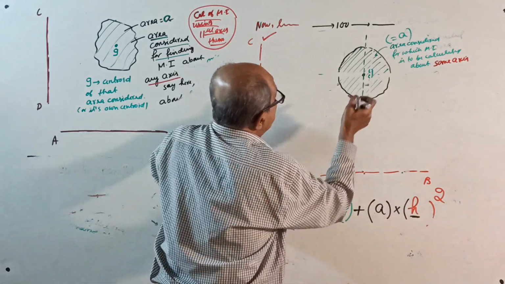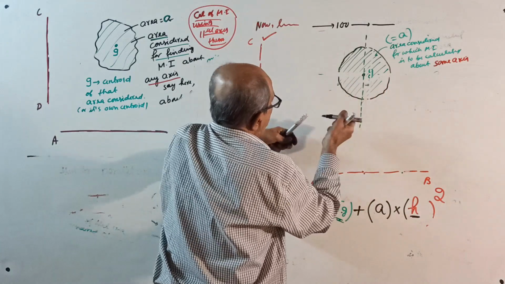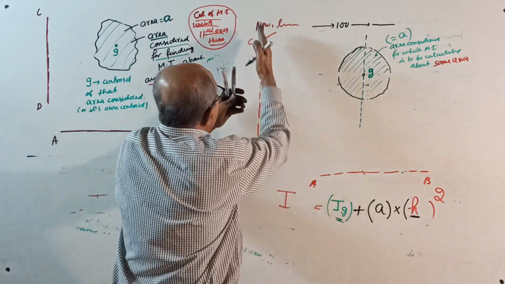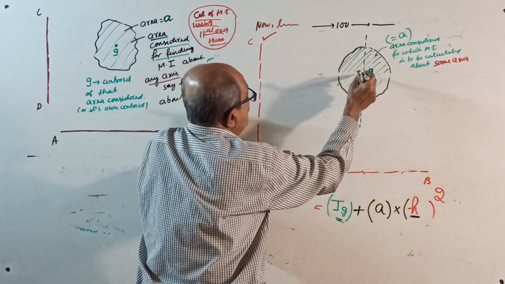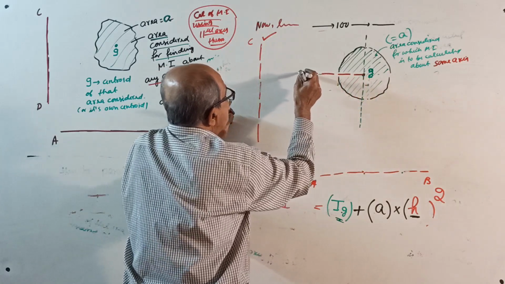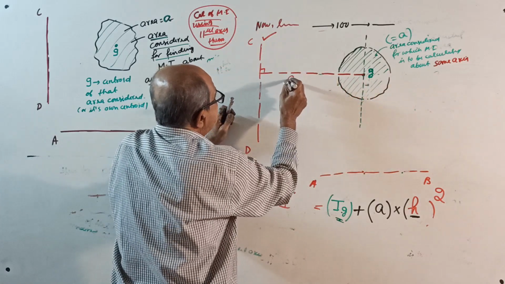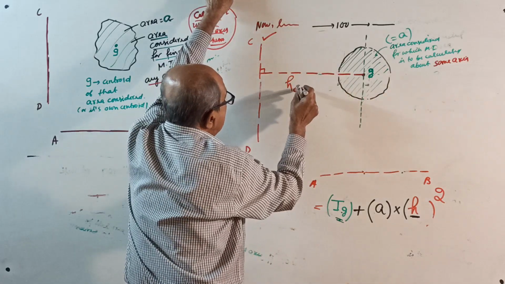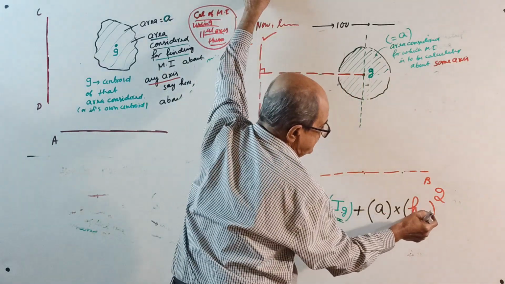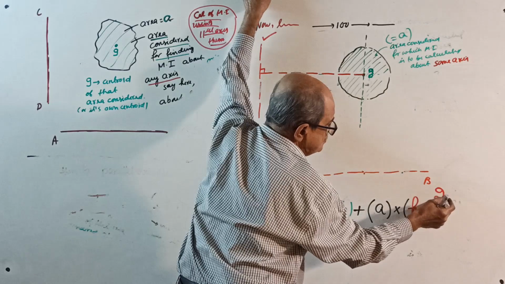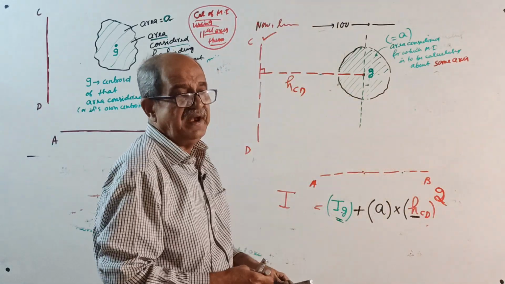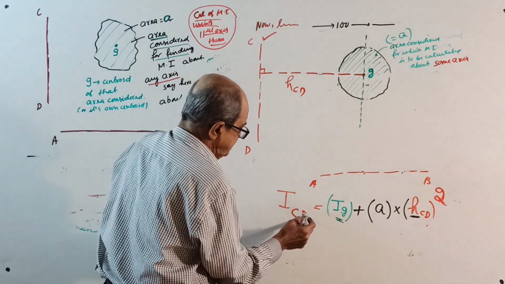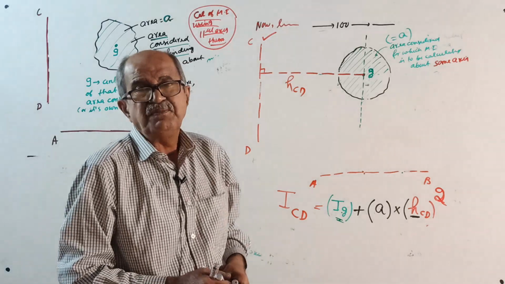From the centroid G of the component, you require the CD axis. So draw a perpendicular to this axis, H perpendicular from G to CD. Find the distance HCD without forgetting to square it. That will give you I about CD. This much is sufficient.